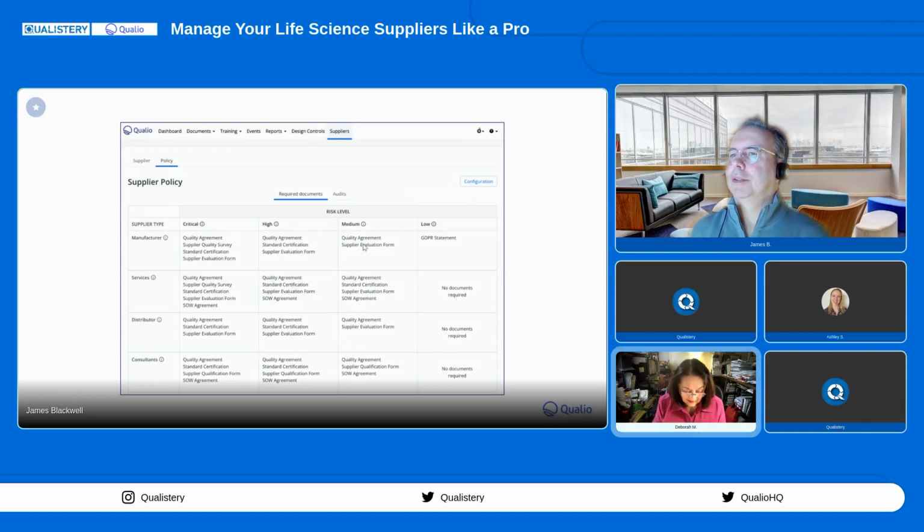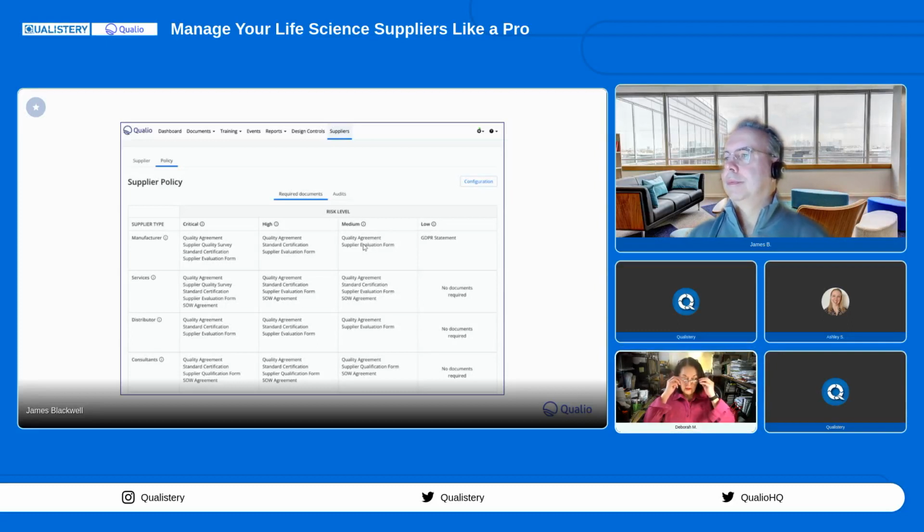this first one is required documents. So this is an example of the kind of documents that you want the supplier to have based on the criticality of the supplier's service or product. So you can see we have columns for critical, high, medium, and low. And as you go through the criticality scale, the documentation level is less.